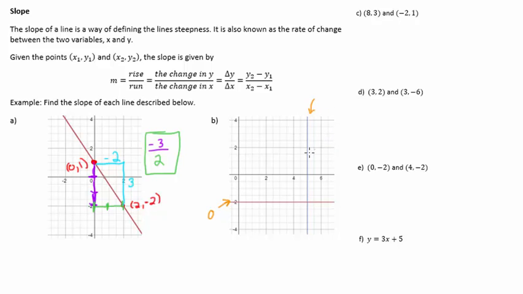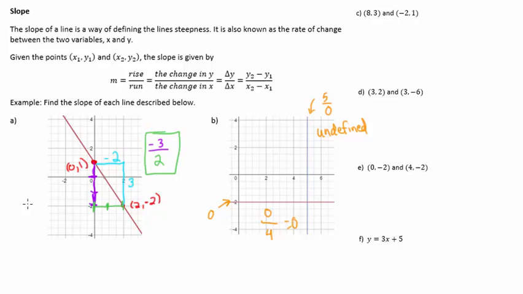It has no run whatsoever. You can think about it like this: we are rising any number we want. Between 2 points I'm rising 5, but I'm not running at all. A 0 on the bottom means that this number is undefined. So the slope of any vertical line is undefined, and any horizontal line will have a slope of 0. We could have done the same thing where we're rising 0, but we could run 4, for instance. That gives us 0 for our slope.